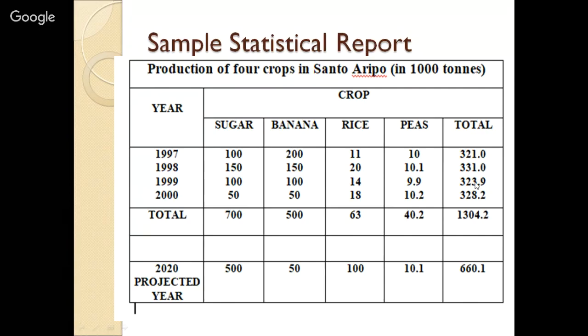We saw that 2000 was second, third was 1999, and fourth was 1997. So the highest year for production was 1998, and the lowest year was 1997. Yes, Sean. Good.